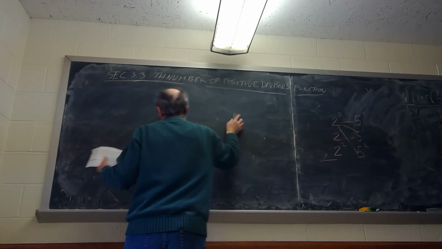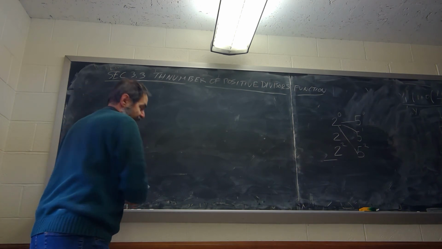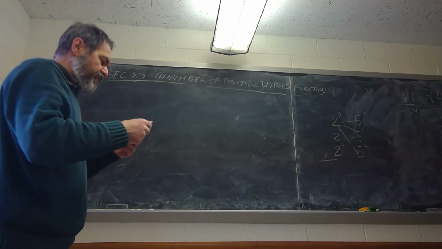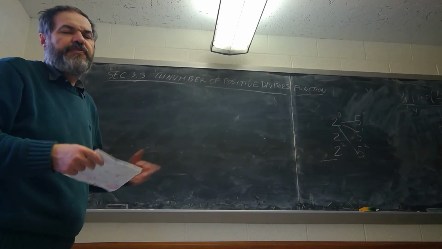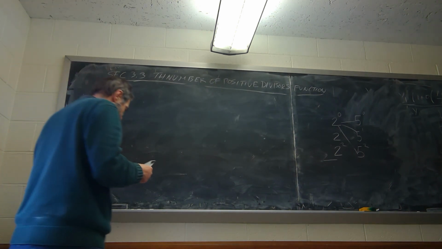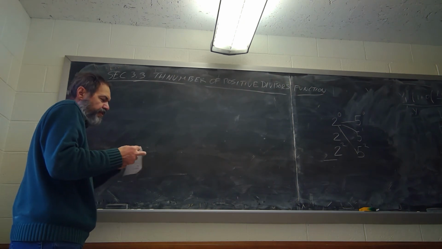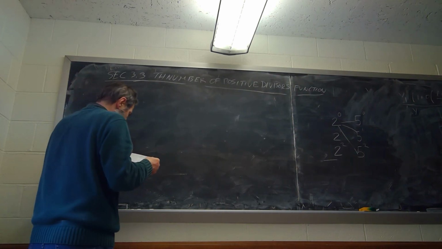Oh, before I write down the general formula, let's write this theorem that the function is multiplicative. But we don't use this. I mean, we use directly the general formula.